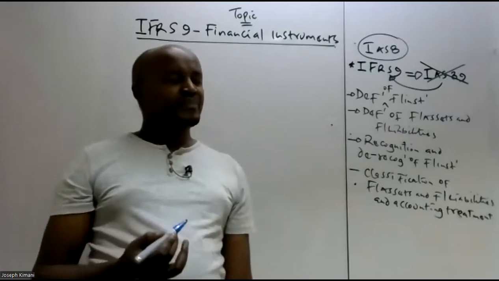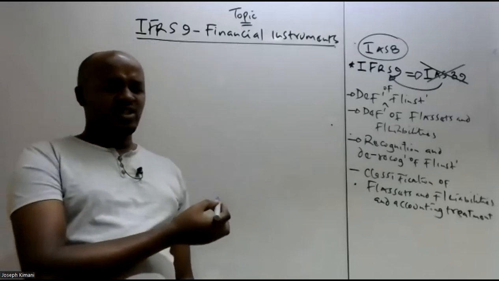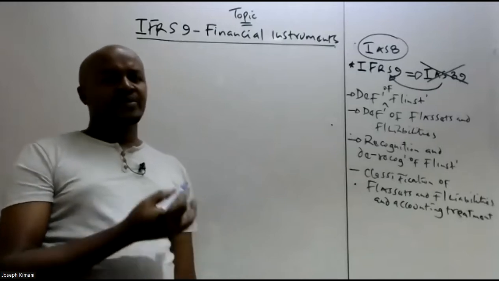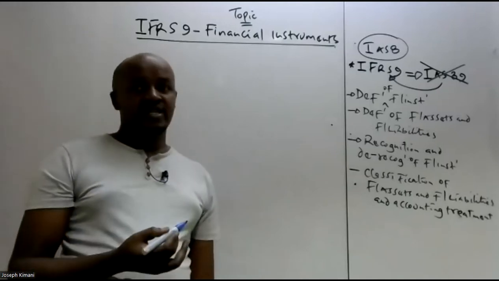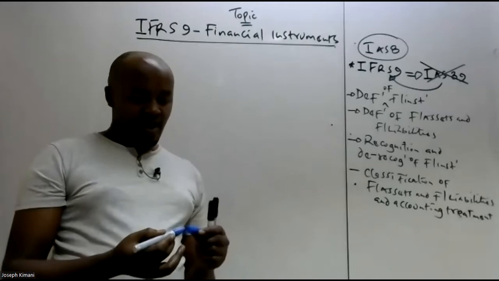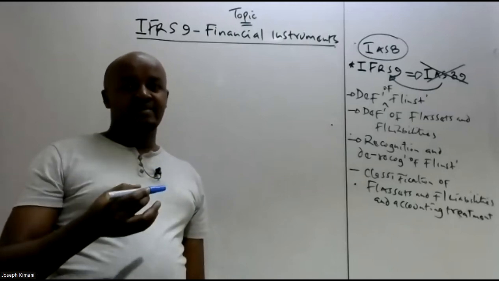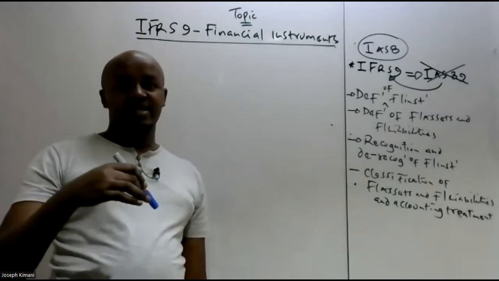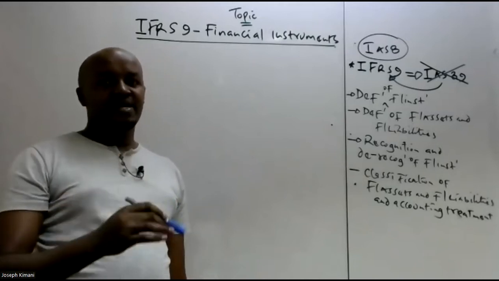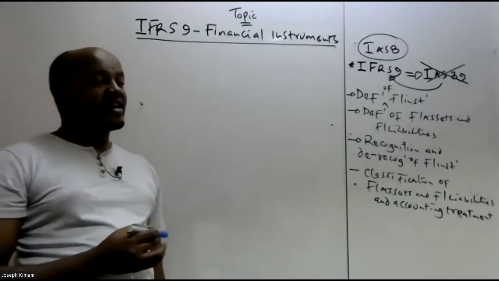This standard was issued not long ago, around 2016. Previously, financial assets and financial liabilities were accounted for in accordance with IAS 39, but that standard has been scrapped and replaced with IFRS 9.